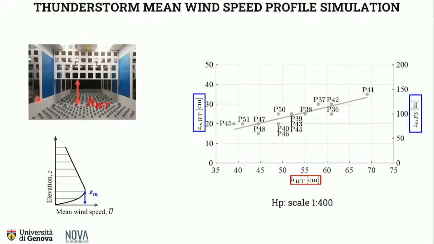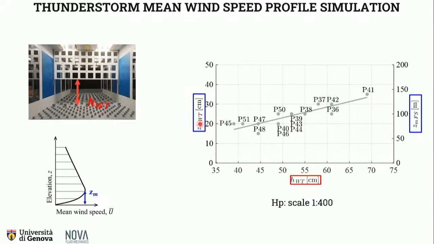So we performed tests with many configurations of both traditional and the new passive grid device, and we found that the main parameter affecting the height of the nose of our profile is the distance between the lowest module of the grid and the floor of the wind tunnel.